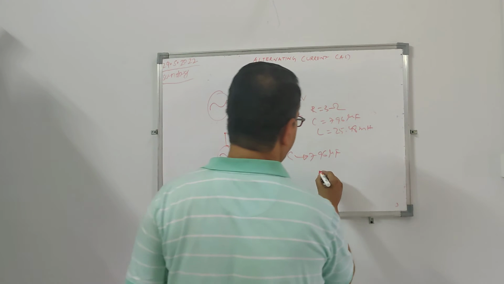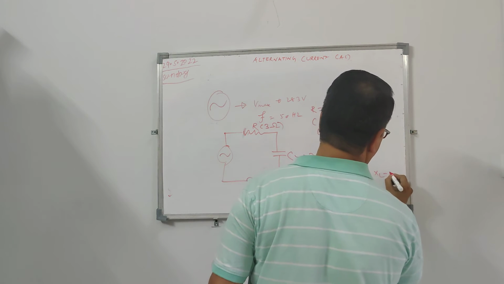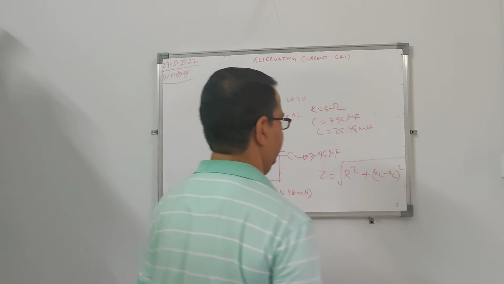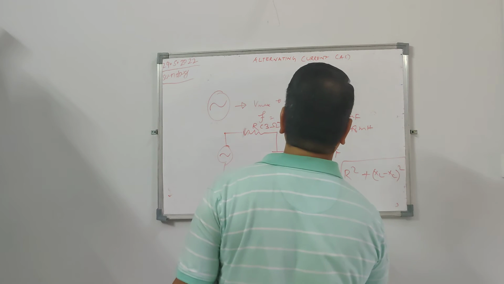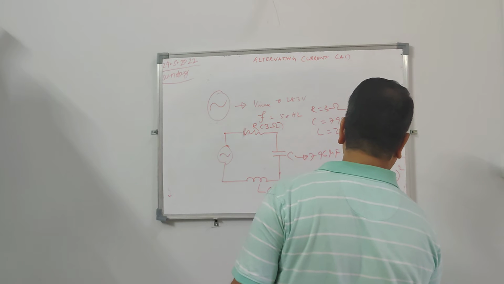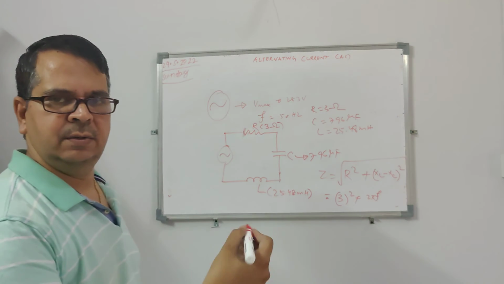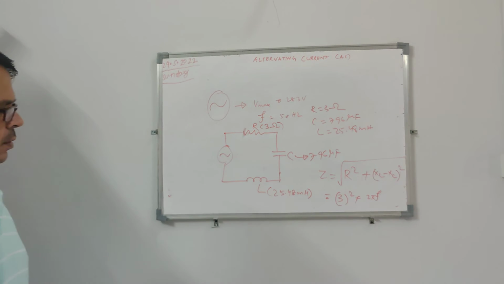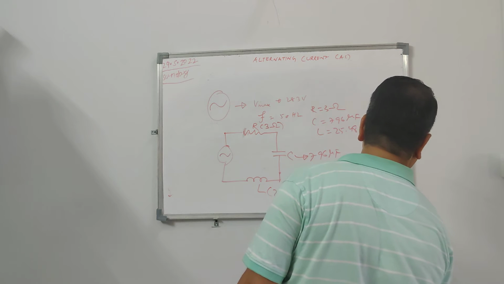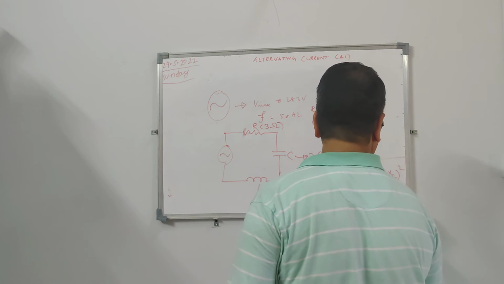So what is my impedance? Impedance Z is equal to the square root of R square plus (XL minus XC) whole square. Whether it is XC minus XL or XL minus XC does not matter, because you will get a square. So R square is nothing but 3 square, then XL is 2 pi F L, and XC is 1 by 2 pi F C. You know pi, F is 50, and L you know.